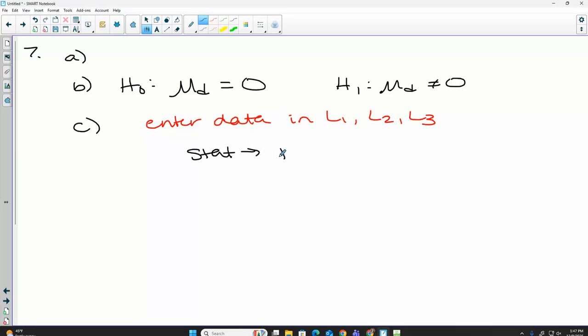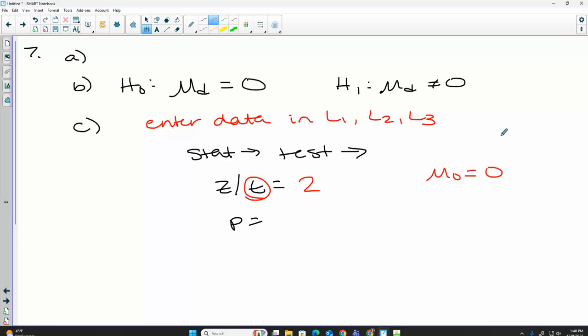So we go stat, test, we're talking about a mean, we just have one set. So are we looking at a Z or a T? Mean is T. And that's stat test number 2. The thing you have to remember, the mean of the null is 0. We're basing this one off our data. List should be L3. That caught a couple people yesterday. They thought they'd done something wrong. They just didn't switch their list to L3. Not equal, calculate.